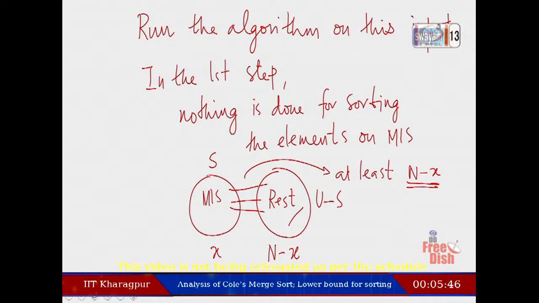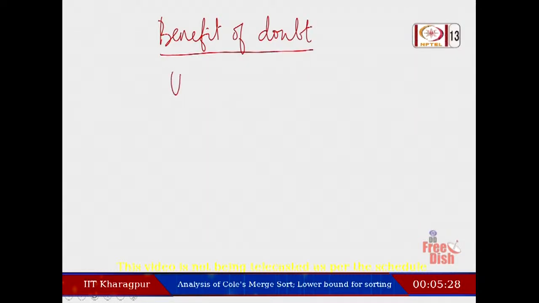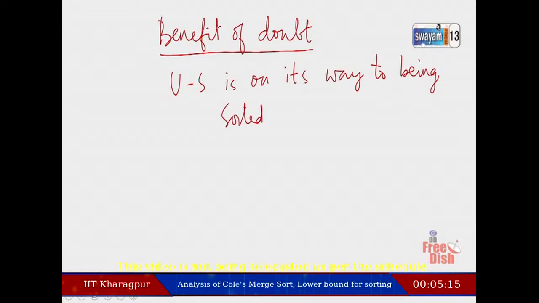So, you can assume that the algorithm has made the best possible progress towards sorting of u minus S. So, this is the benefit of doubt I am giving to your algorithm, in the best possible way.